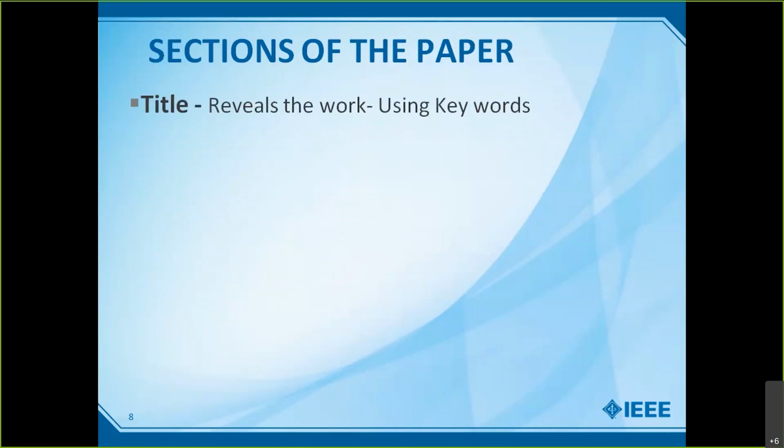After you have written the body of the paper, you sit and scribble the keywords, what you feel should come in the title. Write down the keywords 1, 2, 3, 4, 5, all the possible keywords which you feel are important. And then try to connect them together.